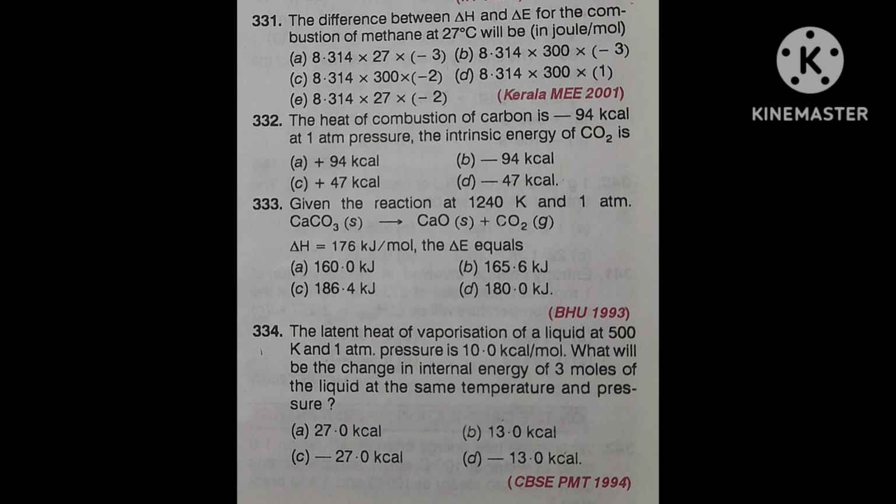Either way you can write. Because you have to calculate the difference between heat of reaction at constant pressure and constant volume, you write Qp minus Qv, which is equal to delta n RT. Delta n is equal to minus 3.